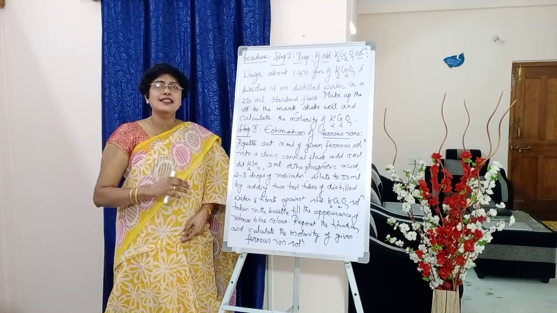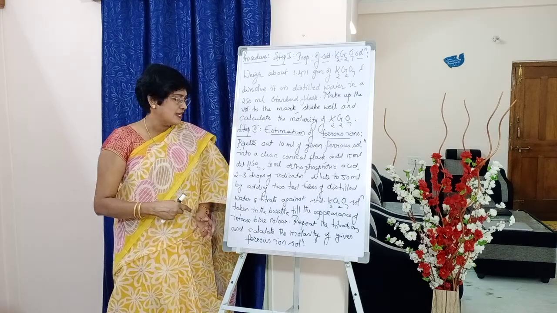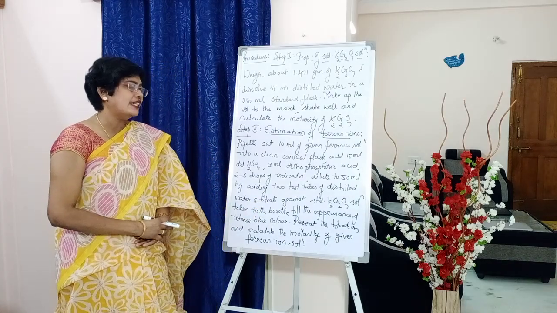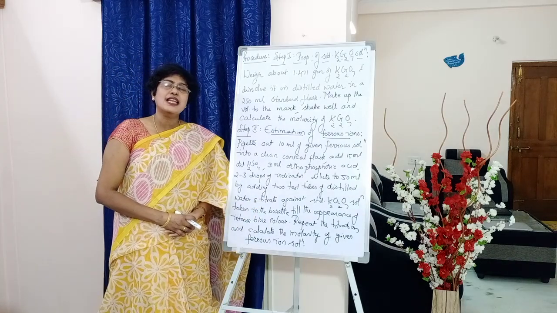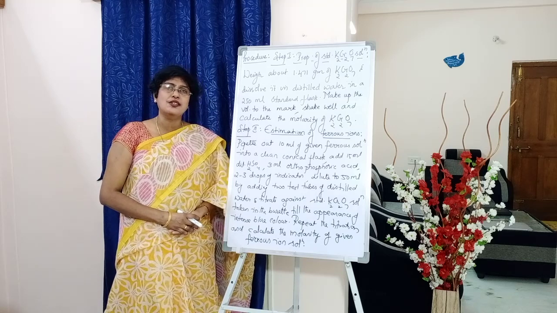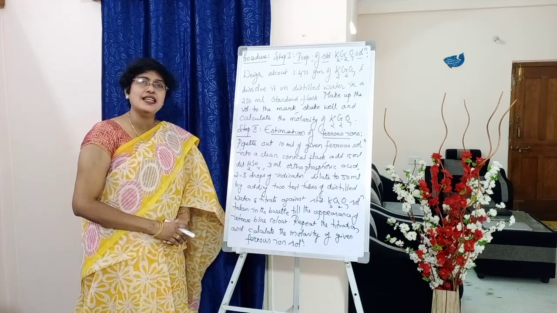So all these are taken in a conical flask, and what should be done? And titrate against standard potassium dichromate solution. That standard dichromate solution we prepared in the first step.